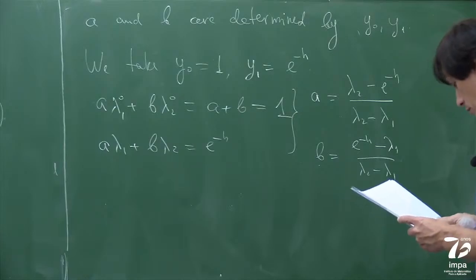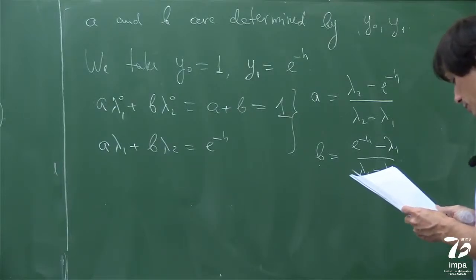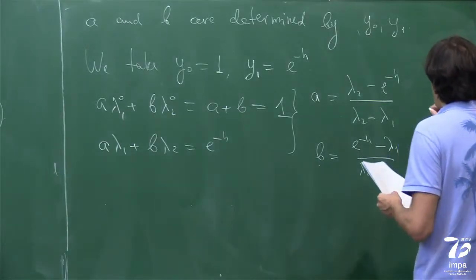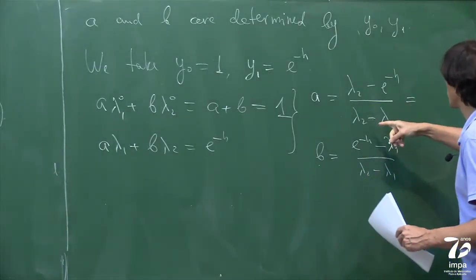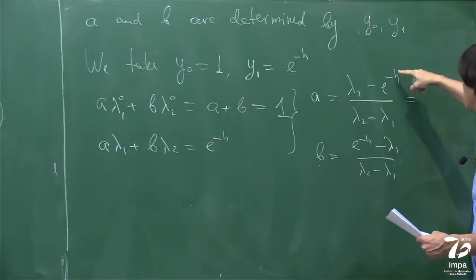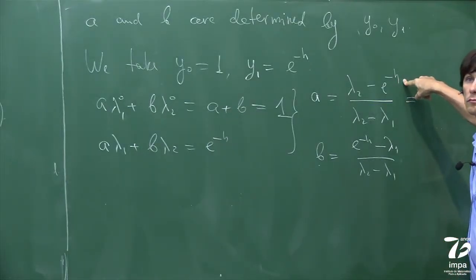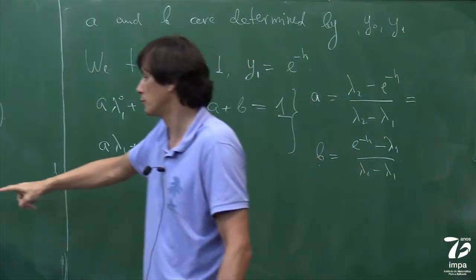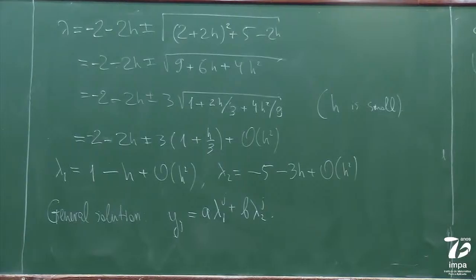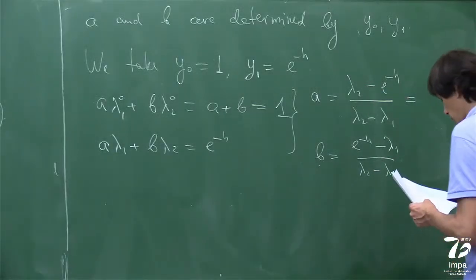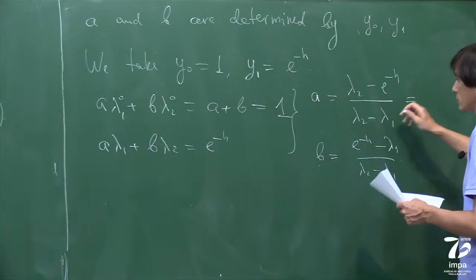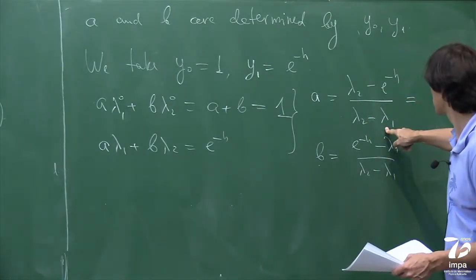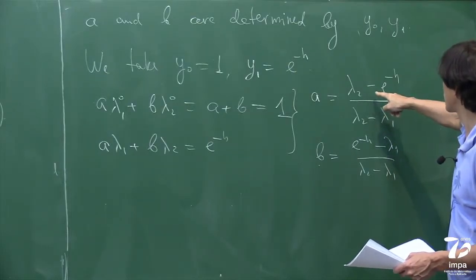And next, what is important is that now you can expand it in h again. Right, so h is small, so if you substitute lambda 1, lambda 2, which we have, and make Taylor expansion, which I will not do, you will find that A is, you see the first order term is what?